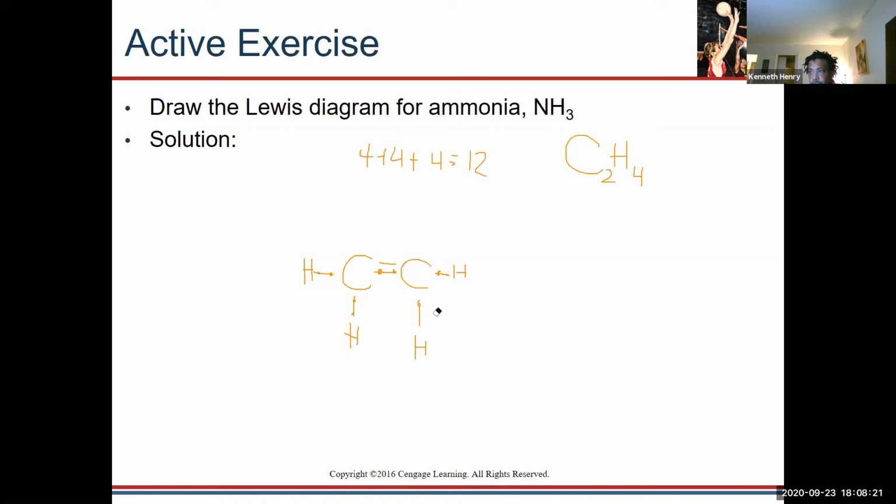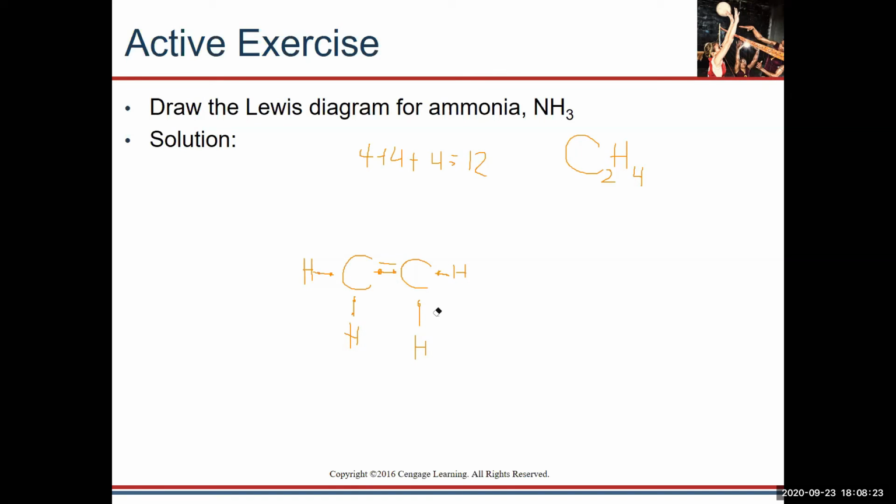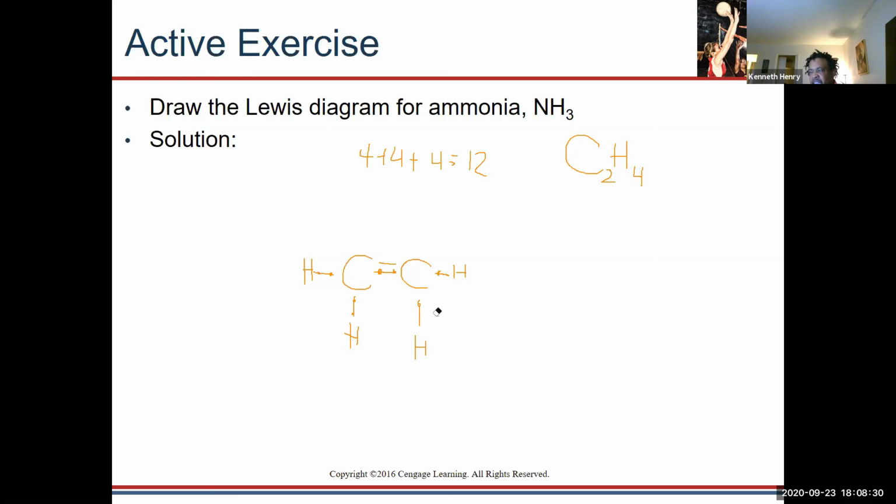Dr. Henry, will it be a taboo if I have 3 hydrogens to 1 carbon? No, you could have 3. Let's say you have this chemical compound. How would we do that?